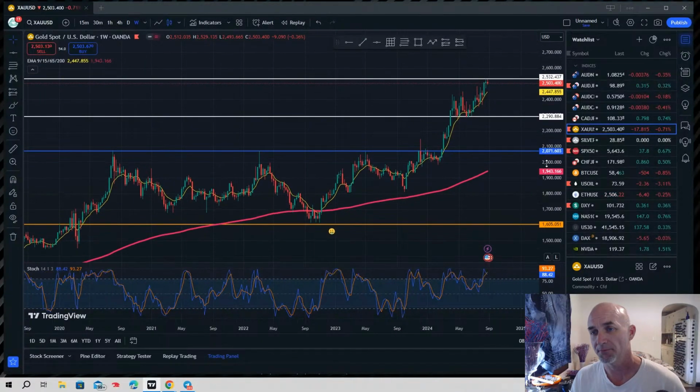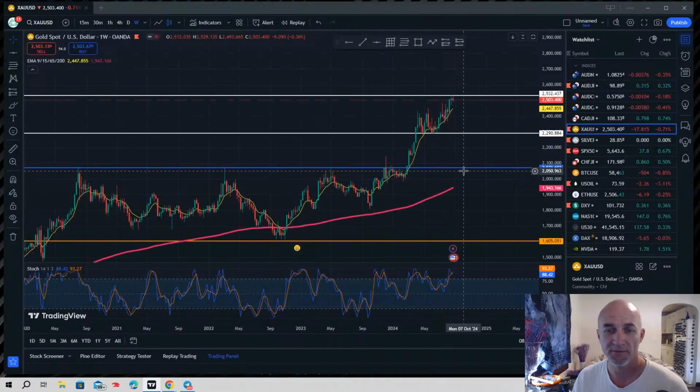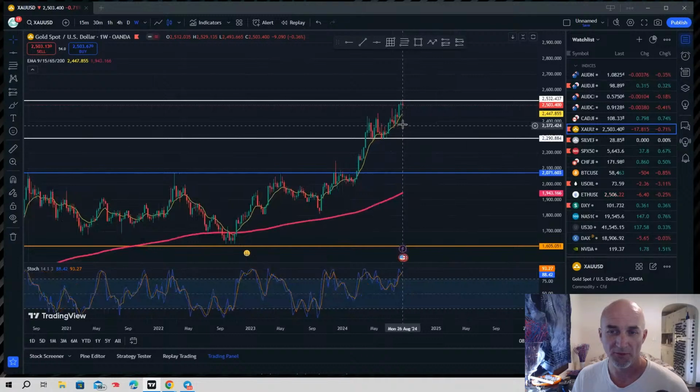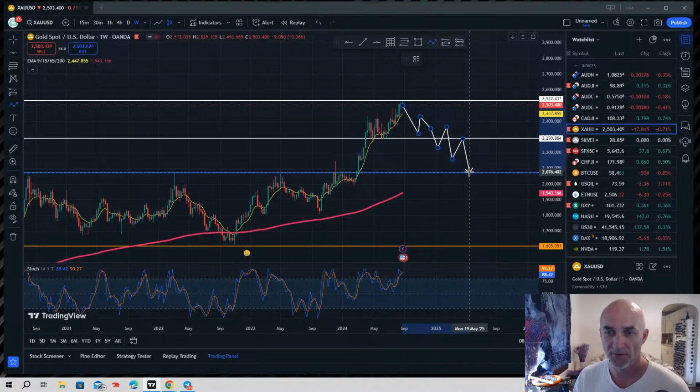What do we got? So the 2071 is a really good resistance. Okay. I don't see any support though. What I need for it to be a support now is for price to come back down and do what's called a retest.